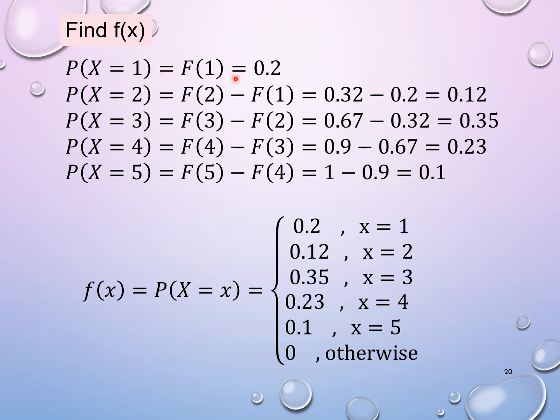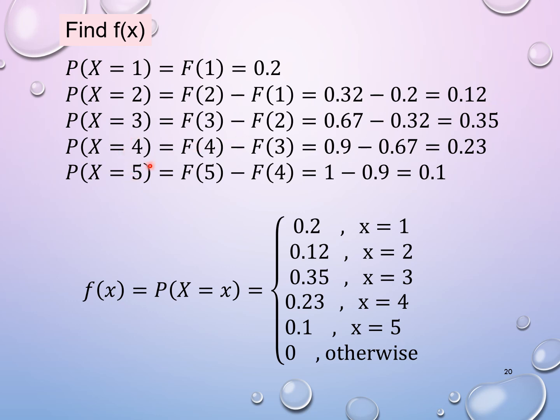So f1, from the previous table, you get 0.2. And then probability x equal to 2 is f2 minus f1. So f2 minus f1, also from the table, just take 0.32 minus 0.2. And then you get 0.12.